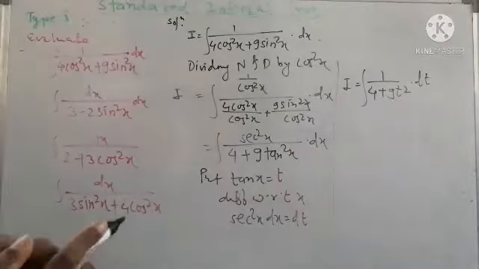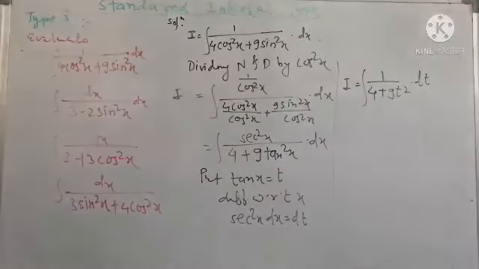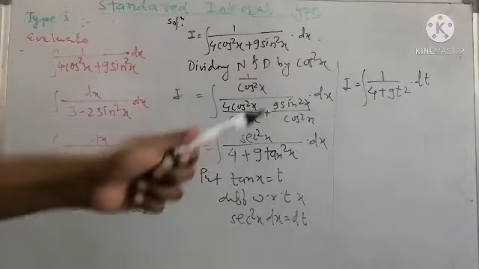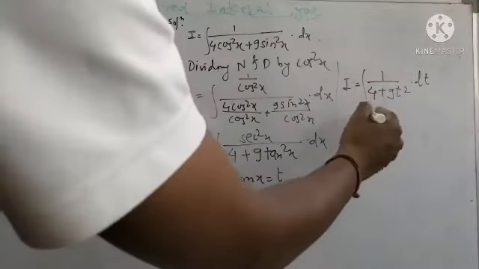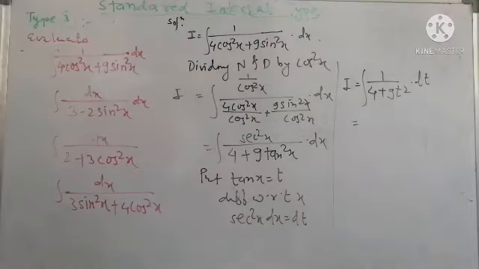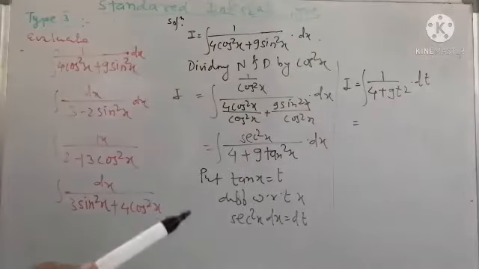After substitution we get an integral in the form of a rational function. As you can see, there is 1 in the numerator and the denominator is a quadratic term of t. By the standard integral we can evaluate this, but for that we have to make the coefficient of t square equal to 1, so we take 9 common in the denominator.